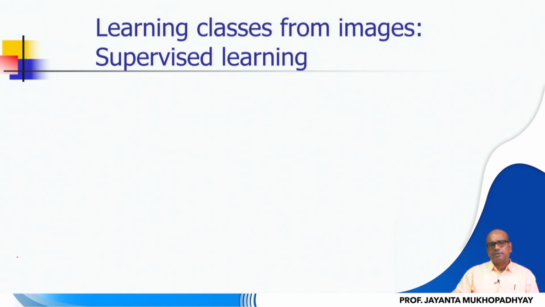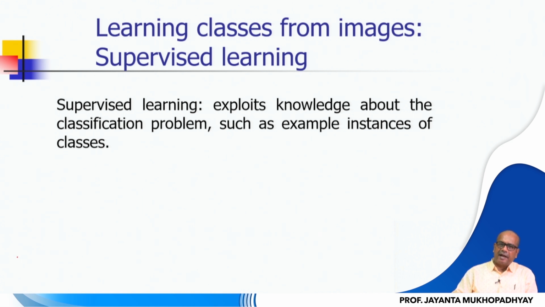The approach we usually follow in this learning is called supervised learning, because we have a certain number of examples for which we know the class assignments. Those become the input to our system, and the system will derive a model based on those input characteristics.